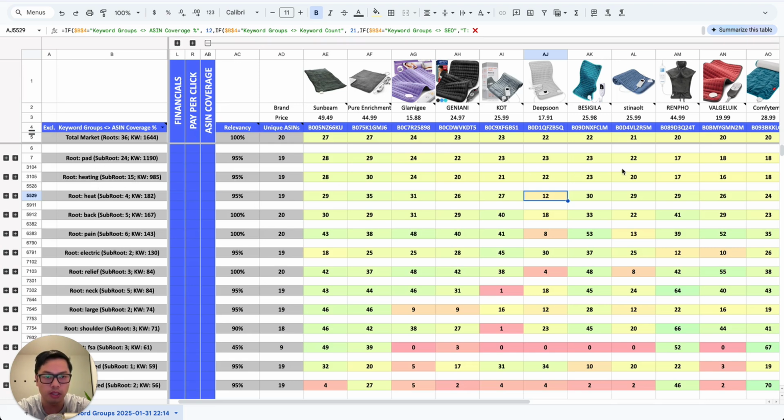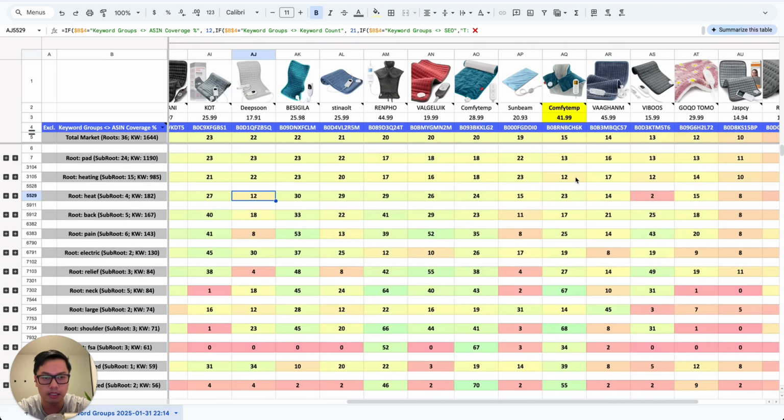Okay, so what this is basically saying is, let's just use this as an example. So for the root word "had," there's 1,190 keywords. There's 24 subroot keywords within this root word, and I own 13% of that 1,200.